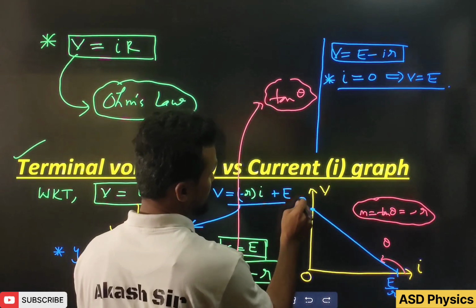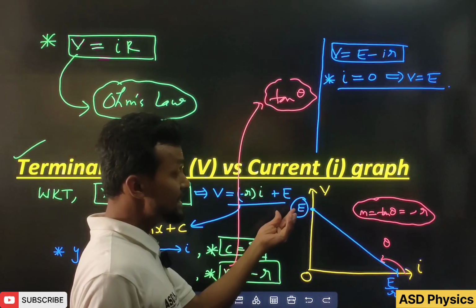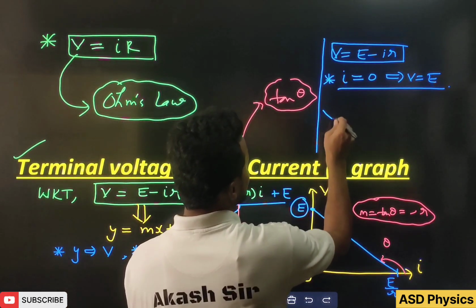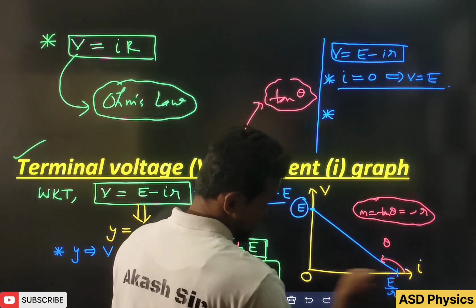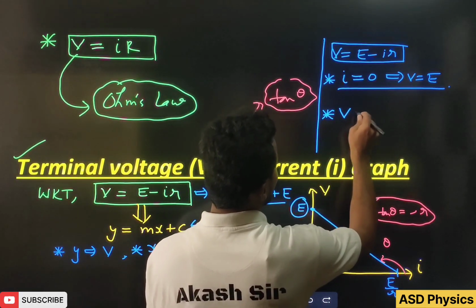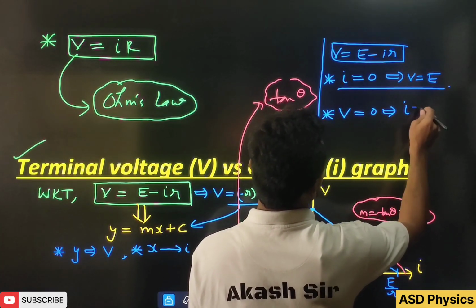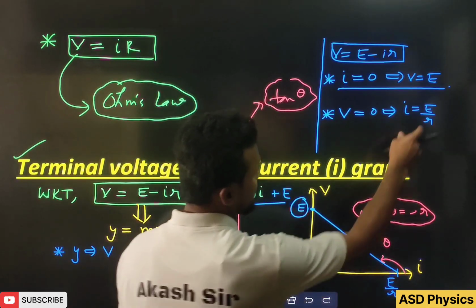Here EMF E, that means terminal potential difference E, and the current is 0. Similarly, on this axis, V is 0. When V equal to 0, we can write I equal to E by R. That's why we have got E by R here.